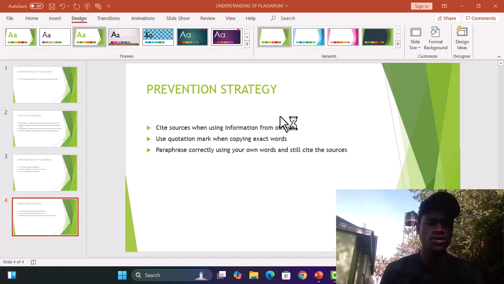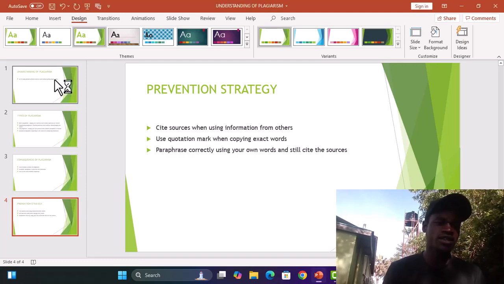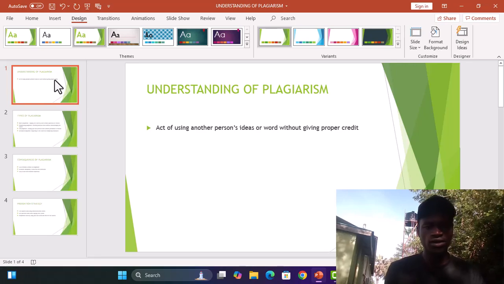So what do we mean when we say plagiarism? Plagiarism is the act of using another person's idea or words without giving proper credit. It's like when I extract some information from a certain source and I don't give a citation for that information.